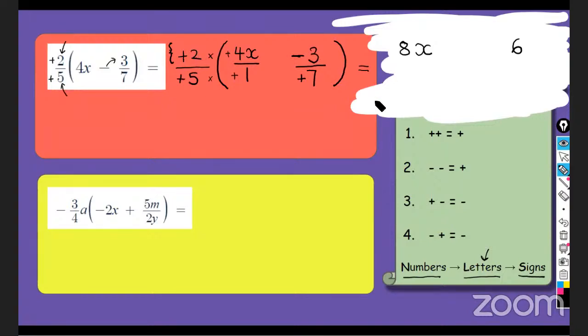No, so you just leave the 6. Who's last on the list? Signs. A positive multiplied by a positive: 2 positives give you a positive. And a positive by a negative is a negative. Look how easy we did the top.